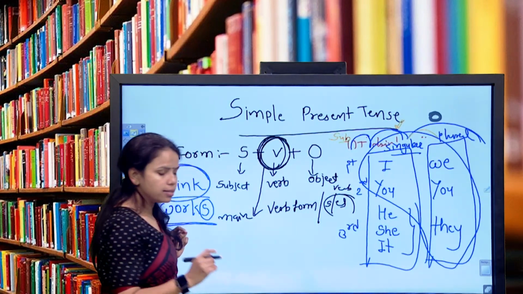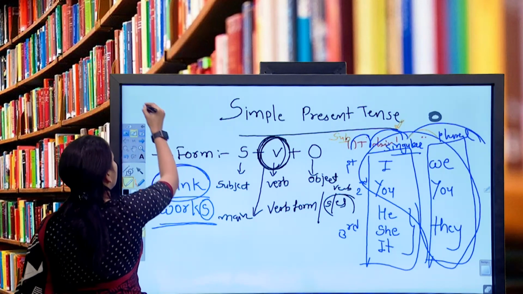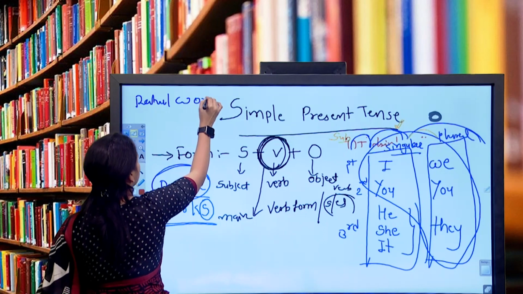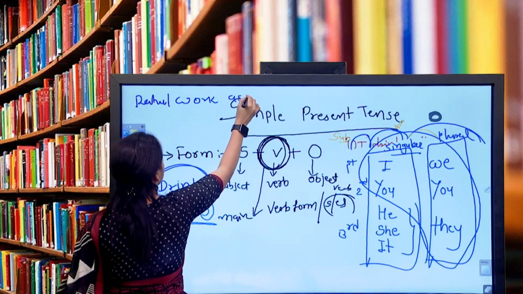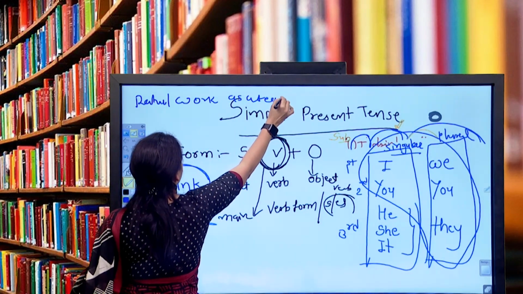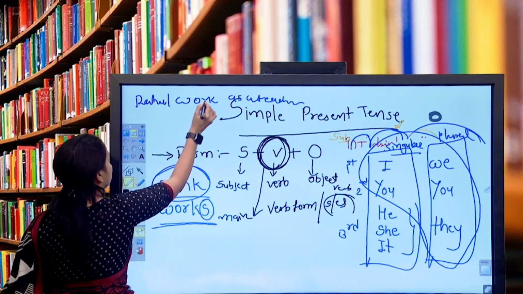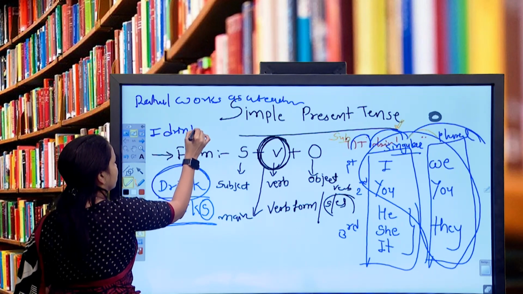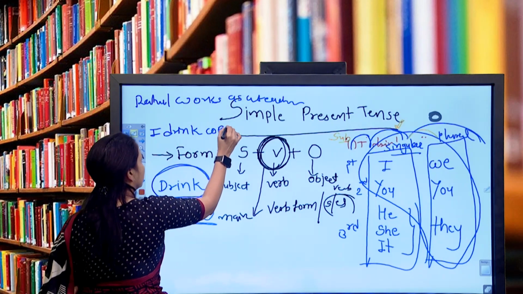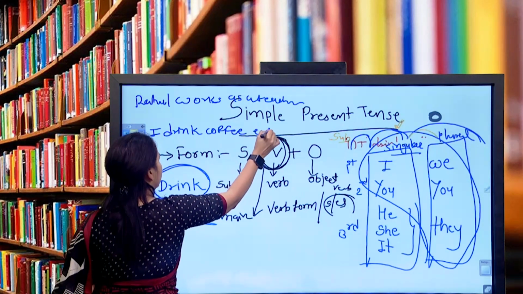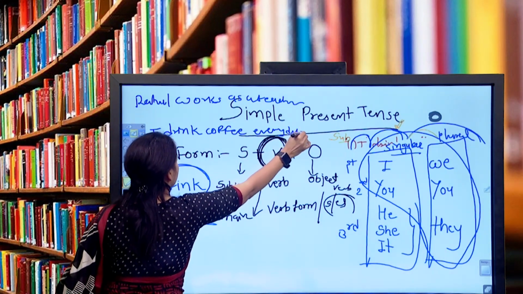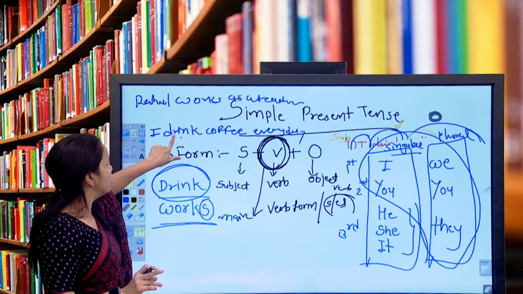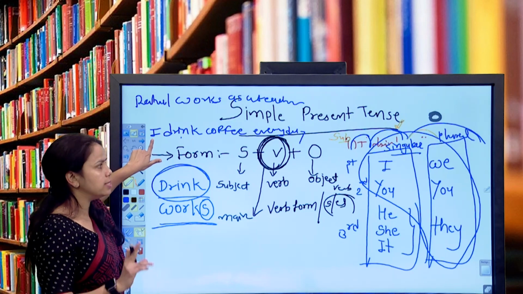Like the second sentence, Rahul works as a teacher, right? And I drink coffee every day. Now look here, before the verb there is first person singular.